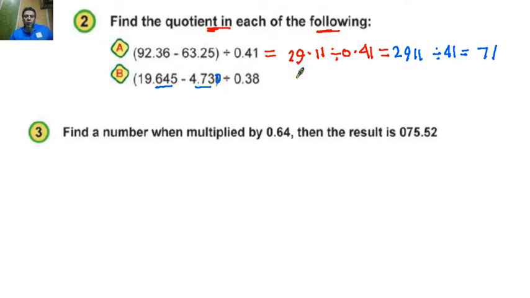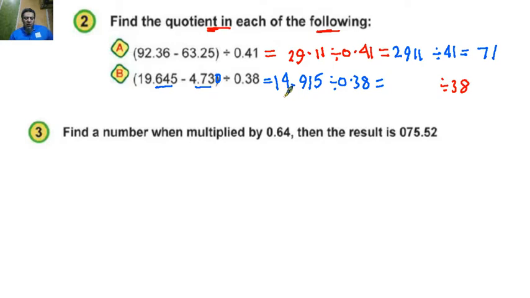Then 5 minus 0 equals 5. 4 minus 3 equals 1. 16 minus 7 equals 9, decimal point. And 8 minus 4 equals 4, so 14.90. Divided by 0.38. The divisor must be converted into whole, multiply by 100, then the divisor equals 38.